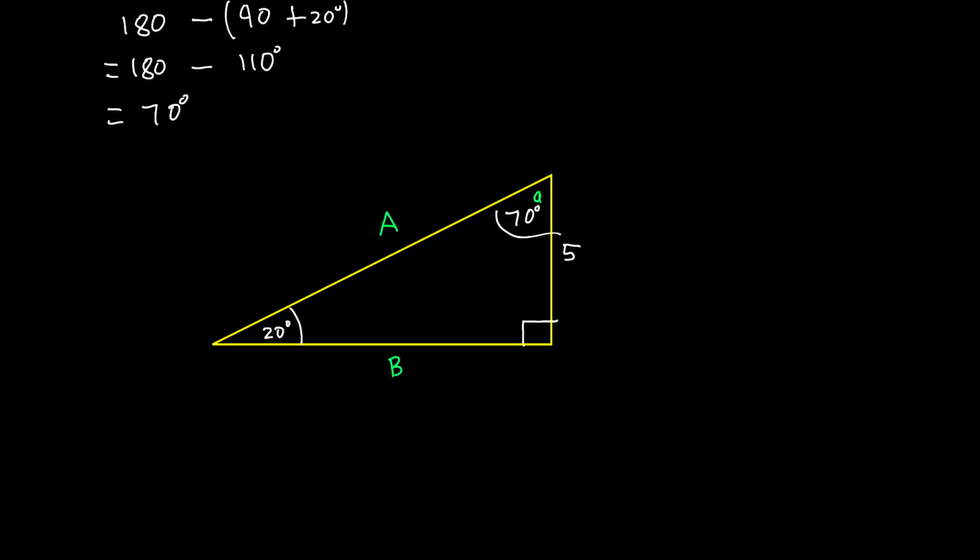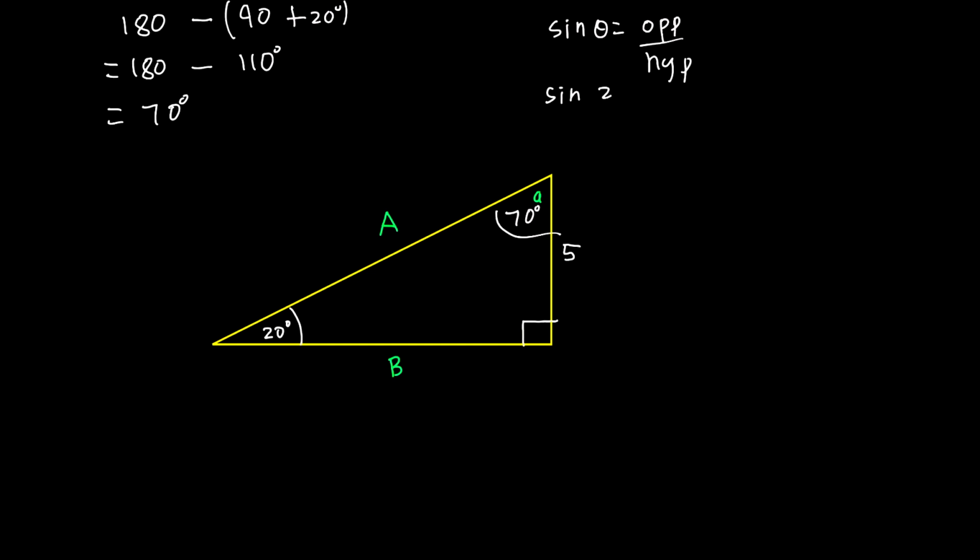Let's find both A and B. So let's find A first. Using 20 degrees, we have the length of our opposite side. Therefore, we must use sine. So sine theta is equal to the opposite over the hypotenuse.